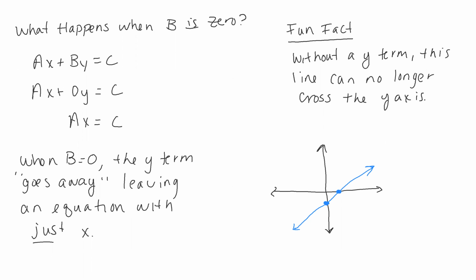Crossing the y axis allows the equation to have a y. If I no longer have a y term, I can no longer cross the y axis. The only way to exist in the Cartesian plane and not touch the y axis is if I'm parallel to the y axis. So let's look at what that's going to be like.